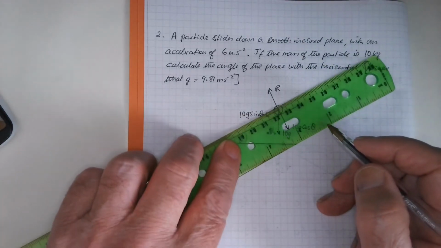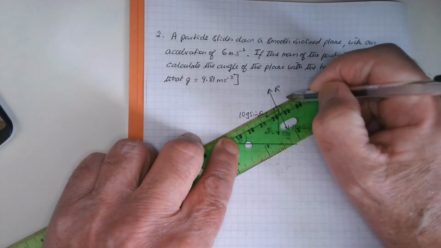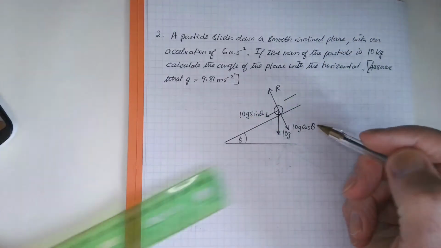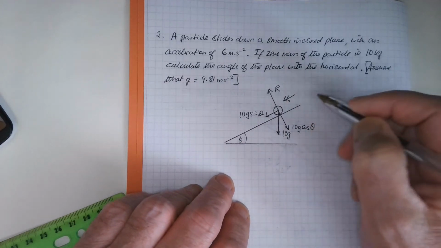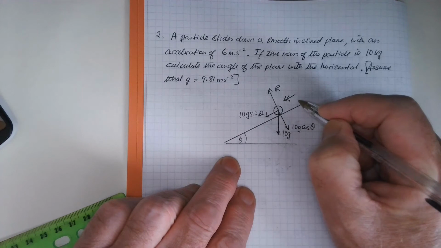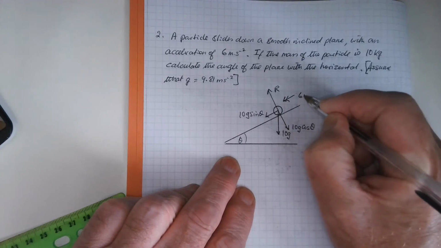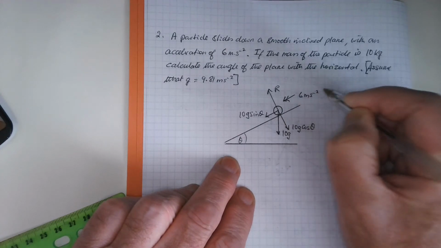Now, as I said in the last example, it's actually moving. We're told it's accelerating and we're given the value of the acceleration, so let's put that on the diagram, but use a double-headed arrow for acceleration, and I'll write that as 6 meters per second squared.